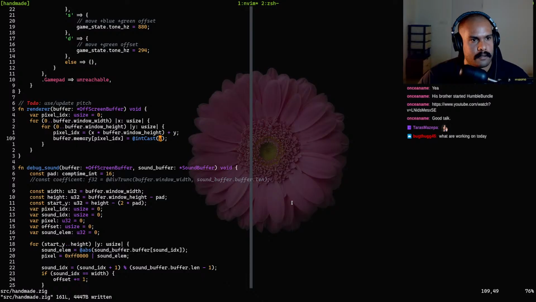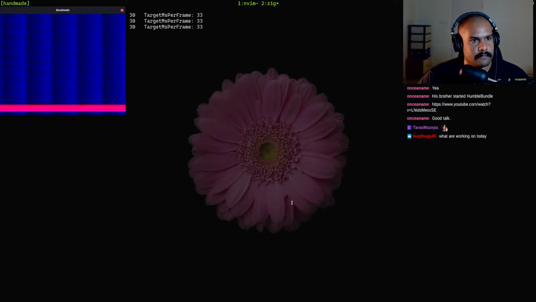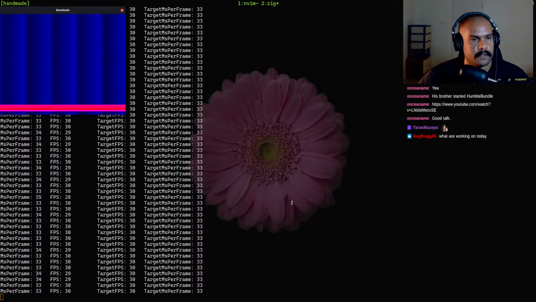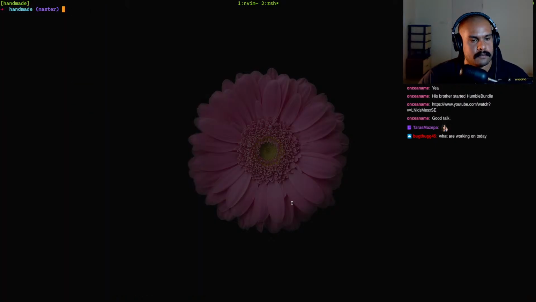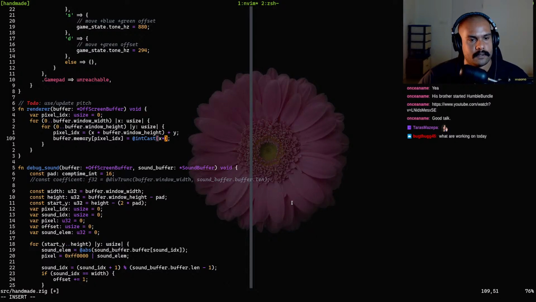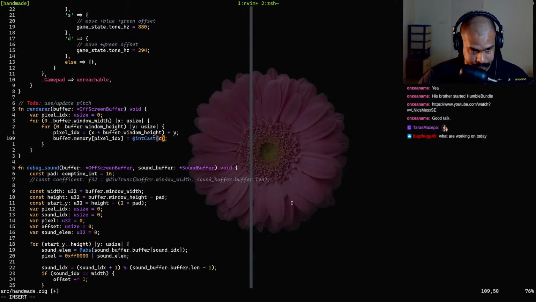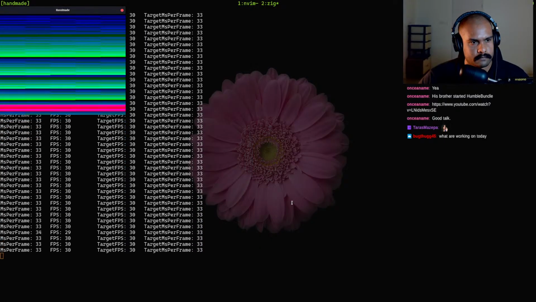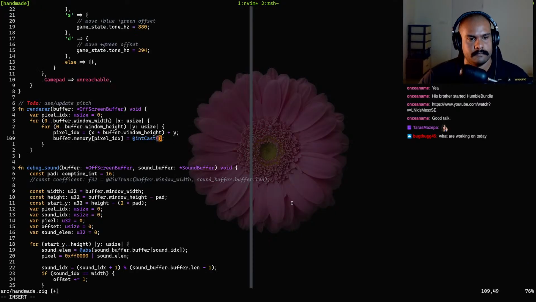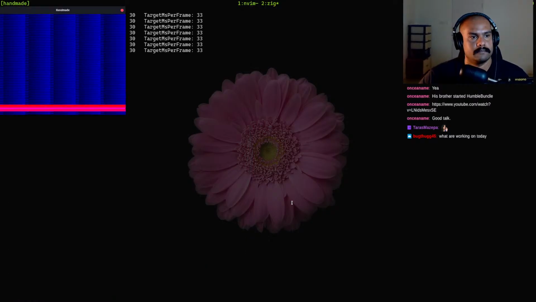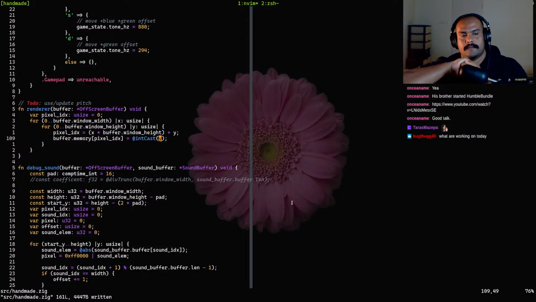If I print y, print vertical lines. If I do x times y. Okay, print some weird stuff. No, jeez.